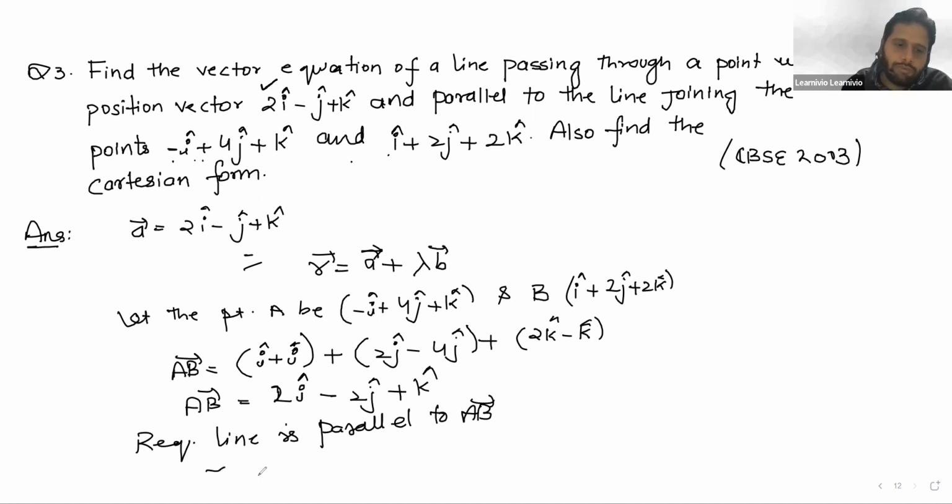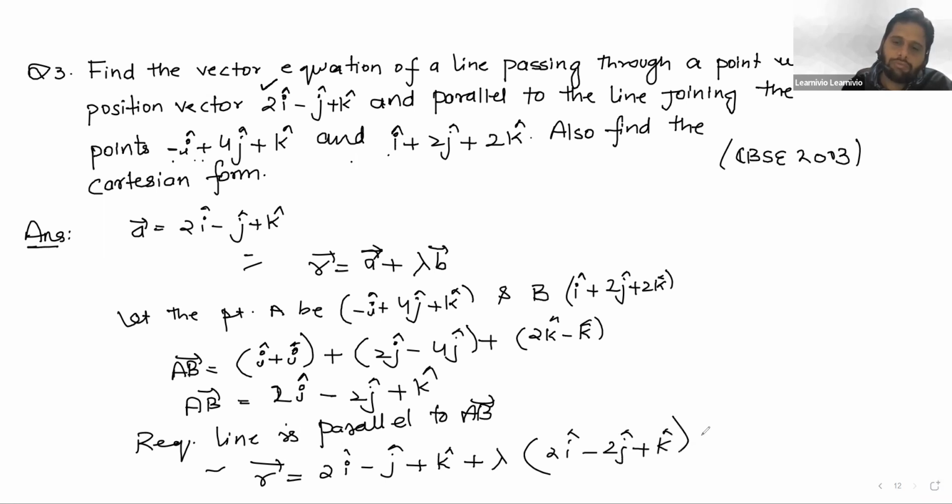So R is equal to A is what? 2i cap minus j cap plus k cap plus lambda times 2i minus 2j plus k cap. Okay. Hope this is clear to everyone.